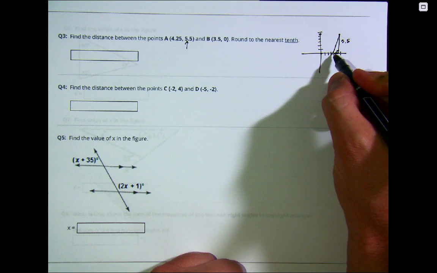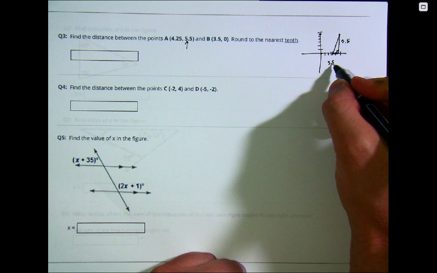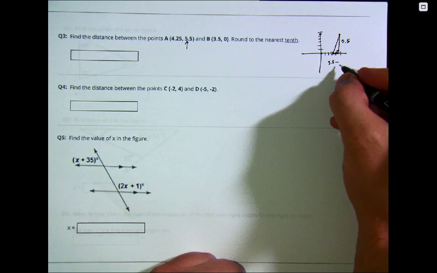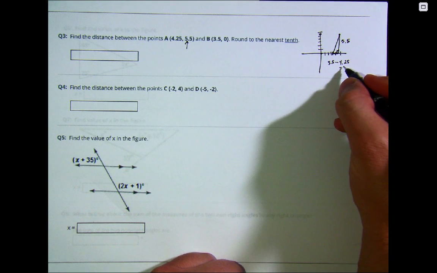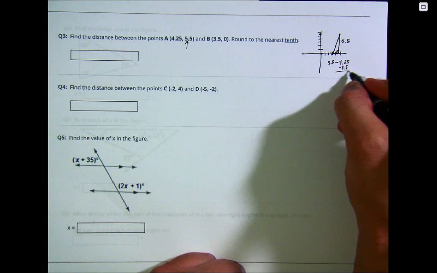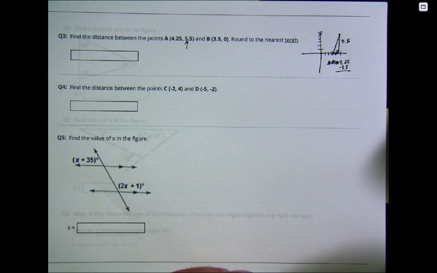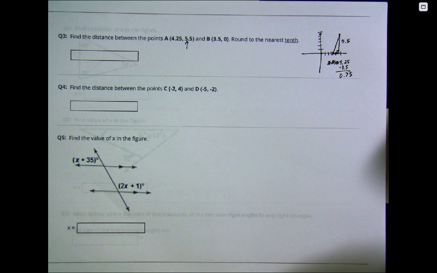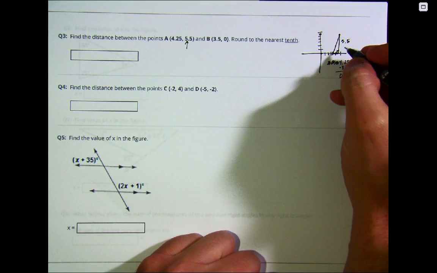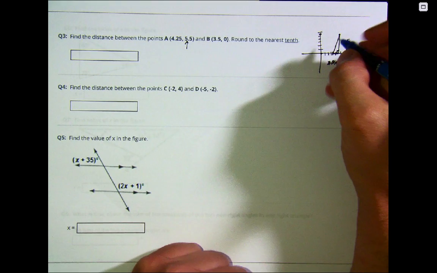Well, it's from 3.5 to 4.25. So how far did that go? Actually, you would probably do it this way, right? 3.5 subtracted from 4.25, and I believe what you get here is 0.75, right?